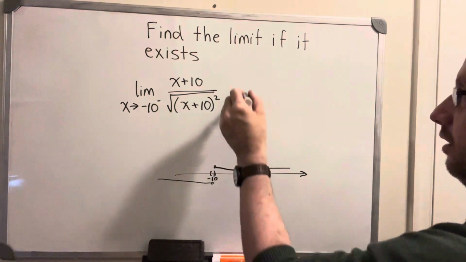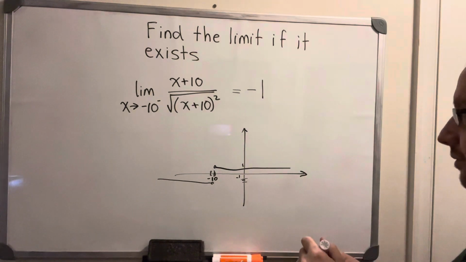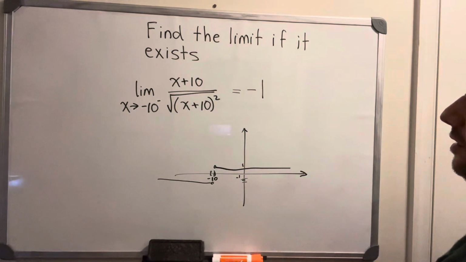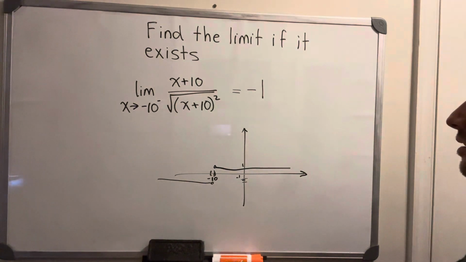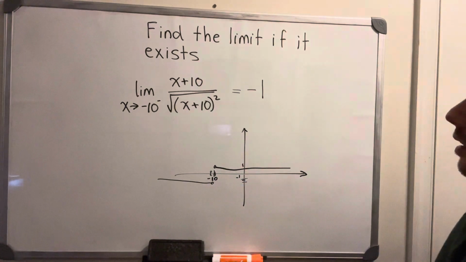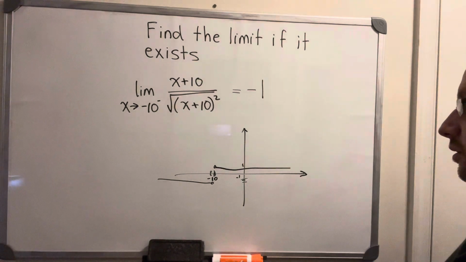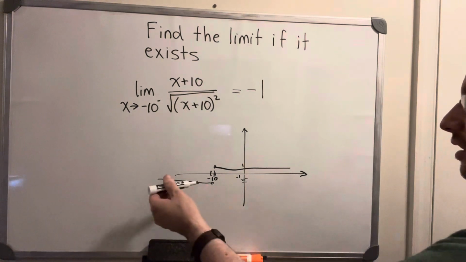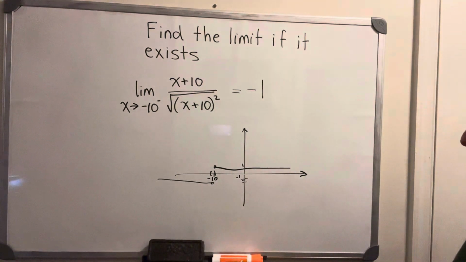It's going to be negative 1, right? So that's the answer to that problem. And if you were coming at it from the right, the limit would be positive 1. This is a case where a function has different values of one-sided limits.